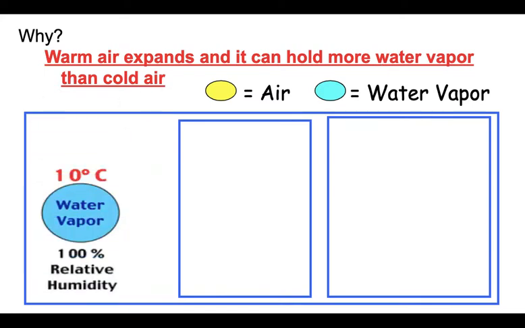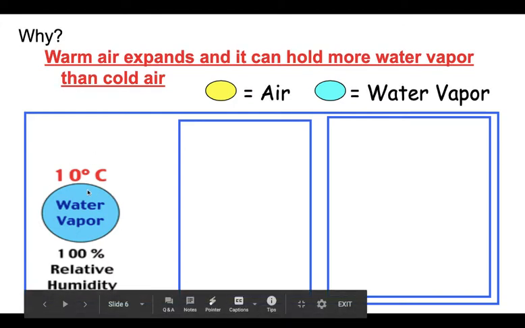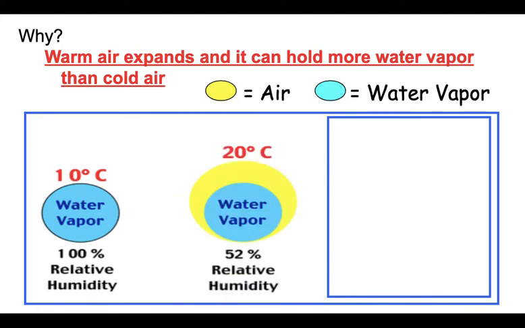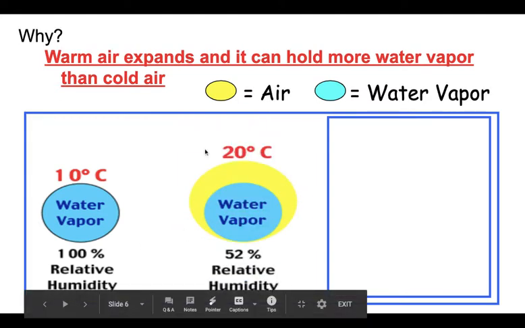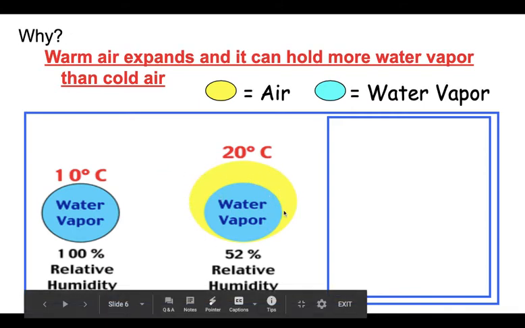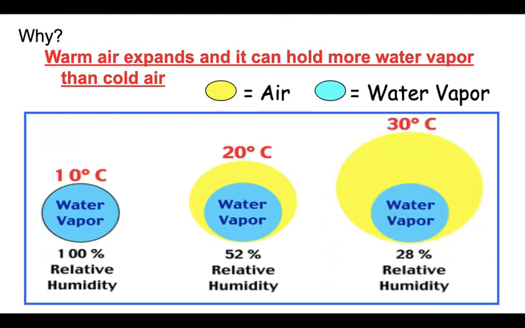If we had a cold temperature, say 10 degrees Celsius, and a certain amount of water vapor, this cold air couldn't hold too much water vapor. But if we had the air warming up, say 20 degrees, as that air expands, now there is more area for water vapor to be held in. And if it gets even warmer, the warmer it gets, the more potential it has to hold moisture.